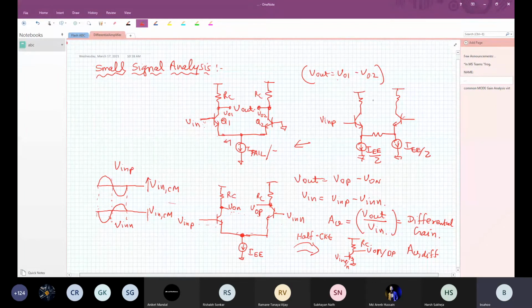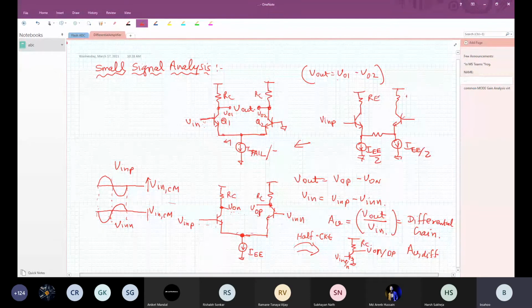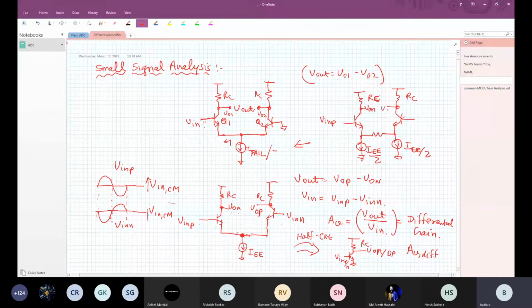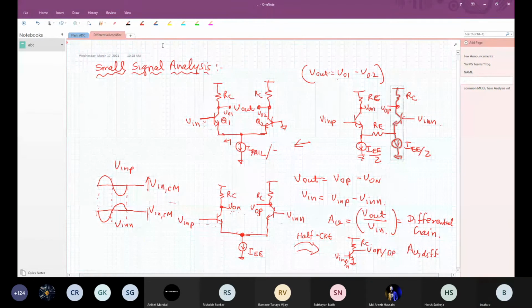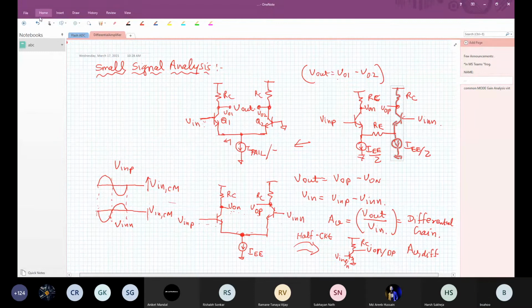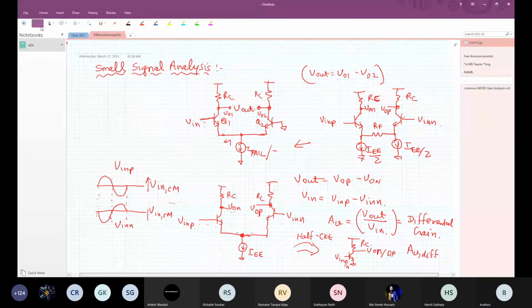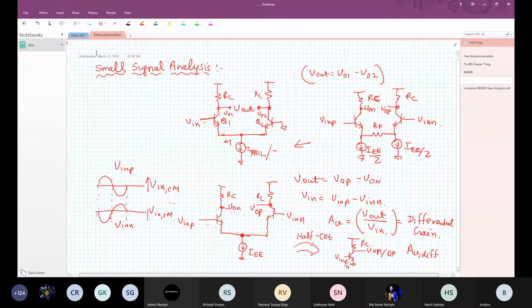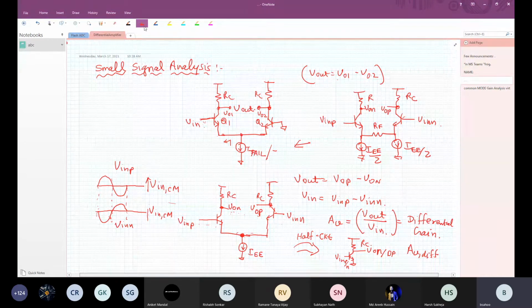RC, VON, VOP, V in N, and this is REE. RC. So this is RE. Now, what is AV diff here?